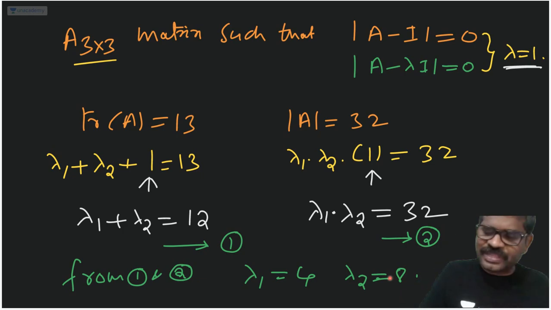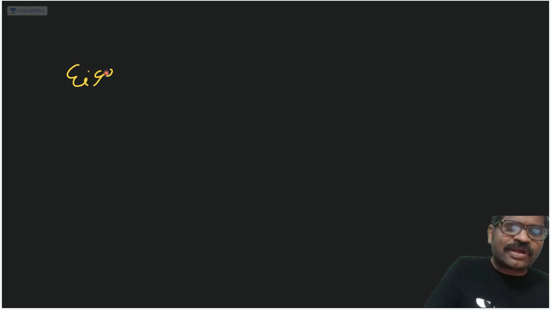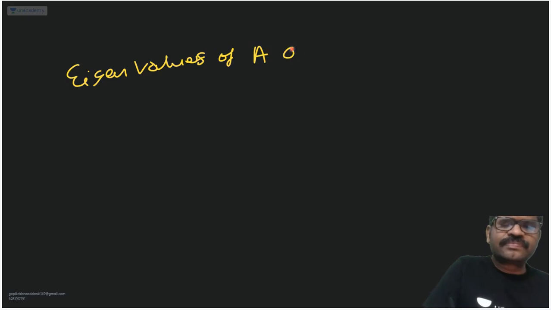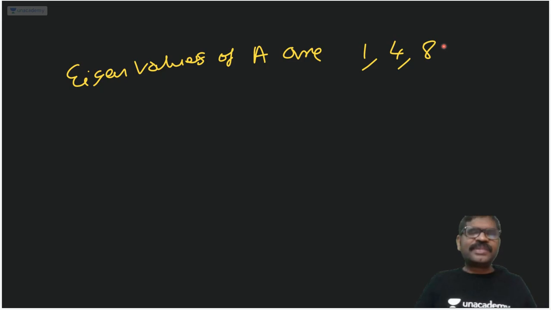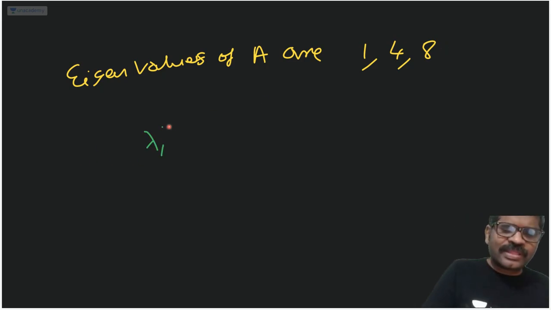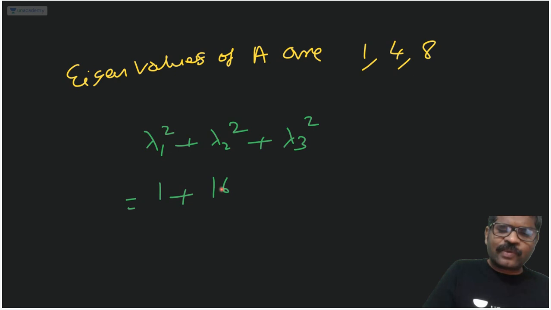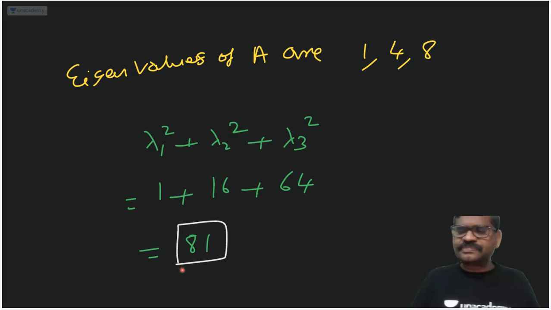Therefore, eigenvalues of A are 1, 4, 8. Therefore, lambda 1 square plus lambda 2 square plus lambda 3 square is 1 plus 16 plus 64. That is 81. Understood?